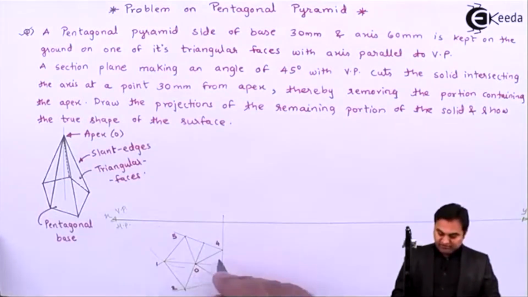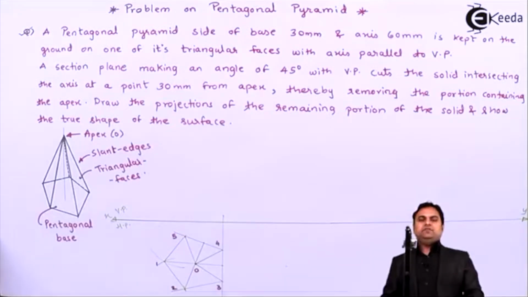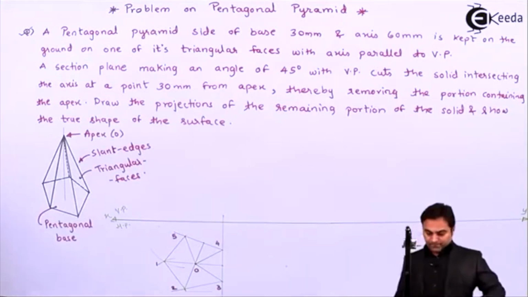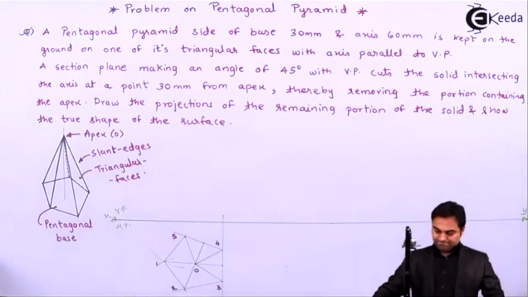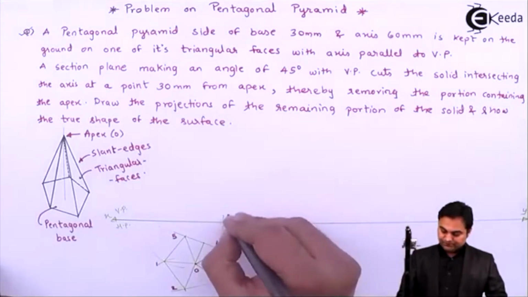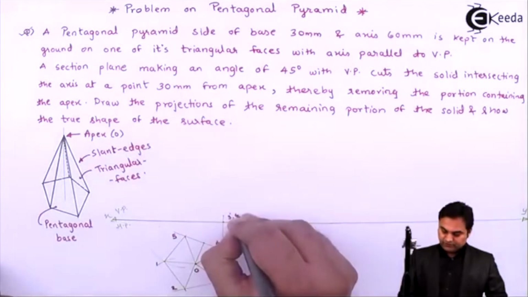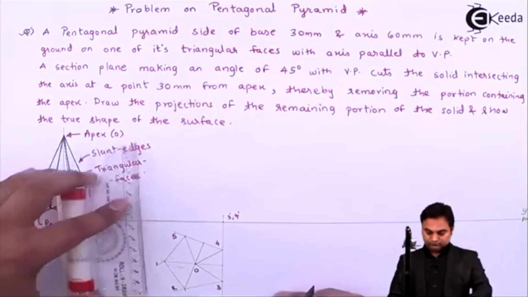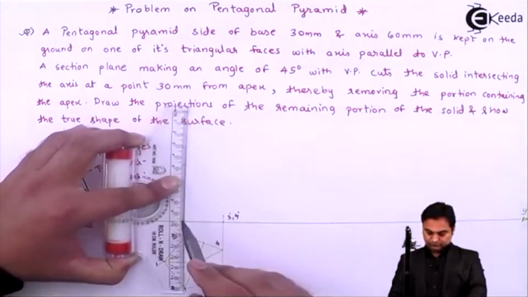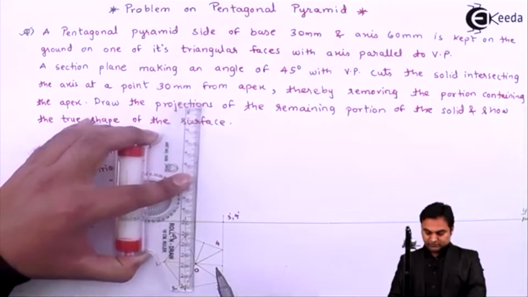And here I have 5 triangular faces. Next, we need to project its front view. For that, here we have points 3 dash, 4 dash, and 2 and 5 are on the same level.